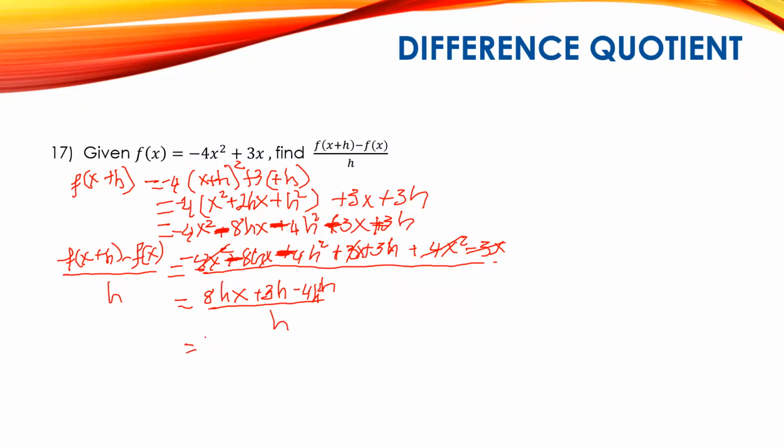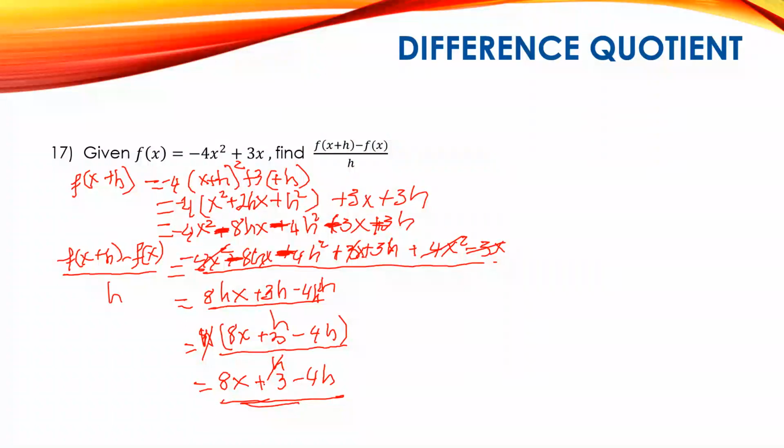Since h is common here, that will be h times 8x plus 3 minus 4h over h. And the h cancels out, and the answer will be 8x plus 3 minus 4h.